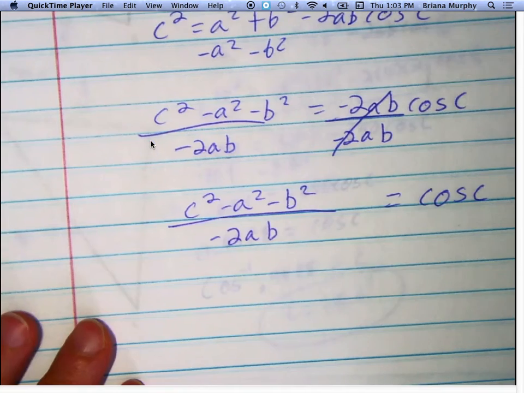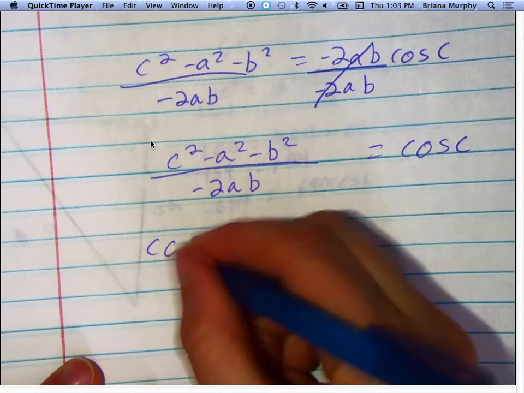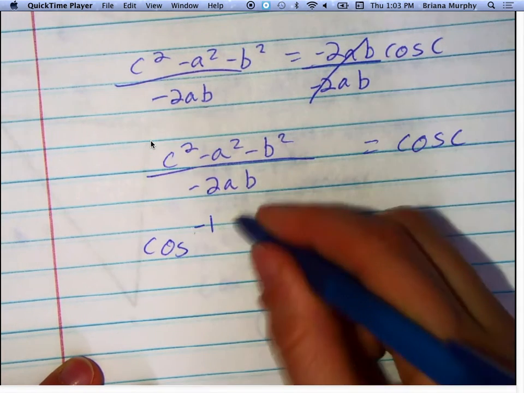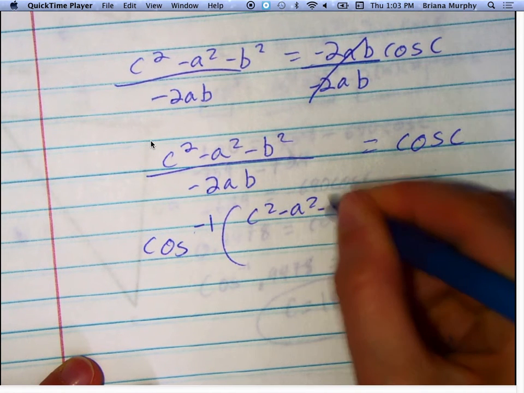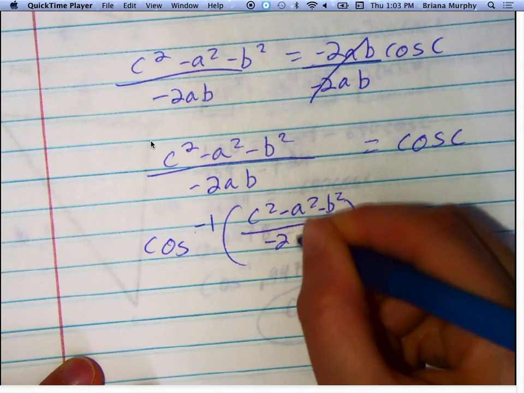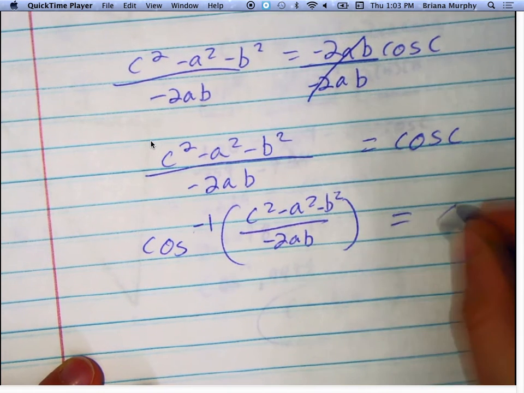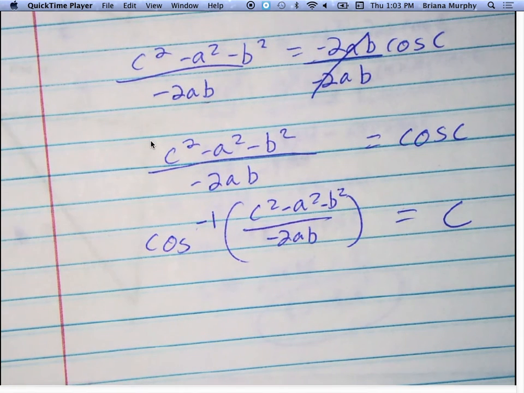And then to undo cosine, I use the inverse. So we could just plug everything straight into there, and I wouldn't have to do any algebra.